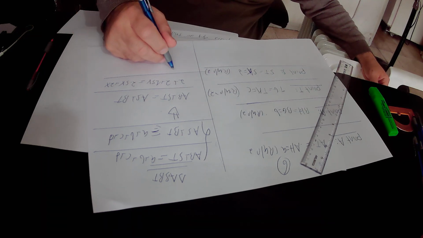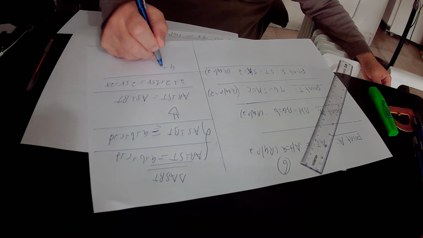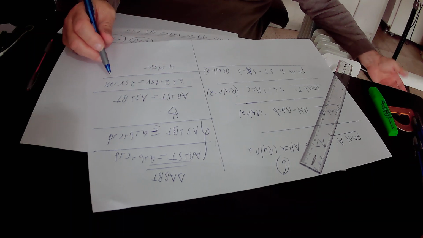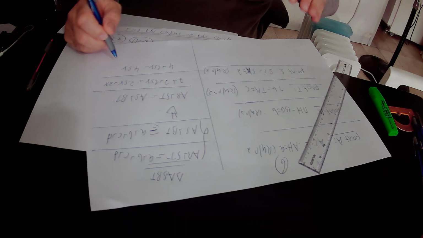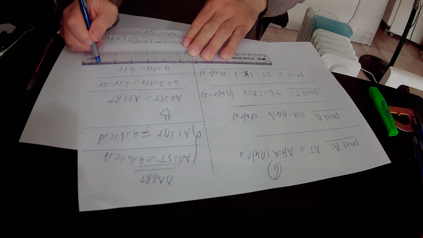2 plus 2 is 4. So on this side of the equation, we have in total 4 plus 1.5x. That equals 2.5x plus 2x, which is 4.5x. So 4 plus 1.5x equals 4.5x.